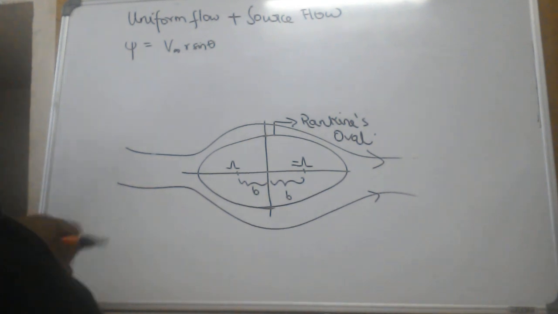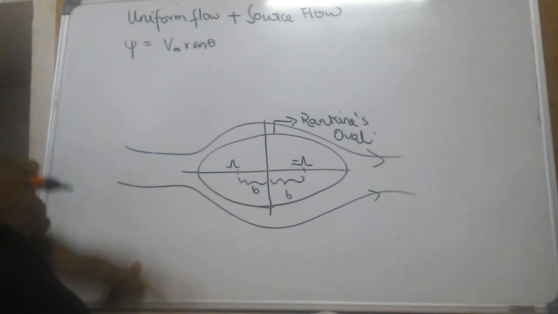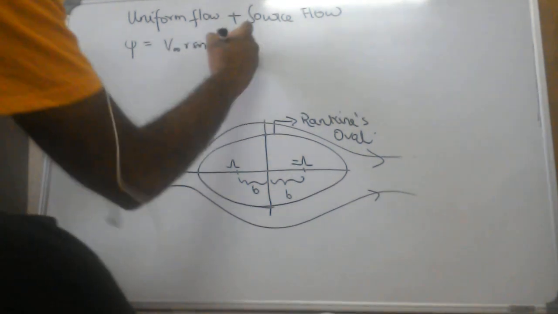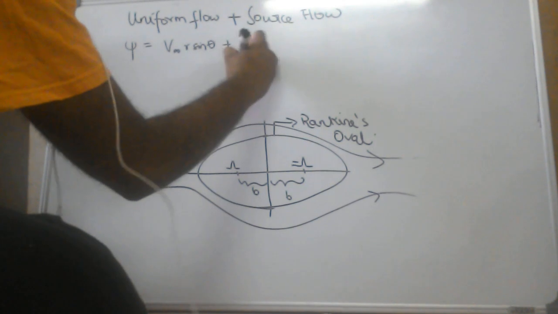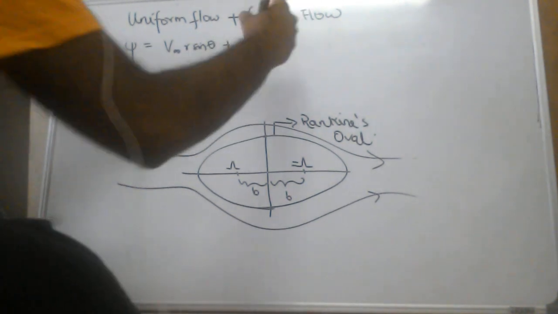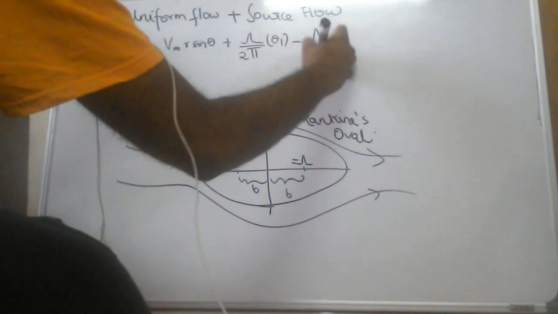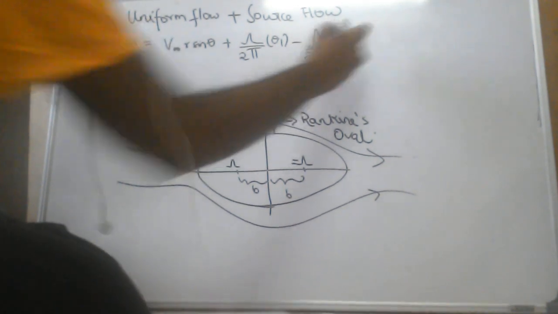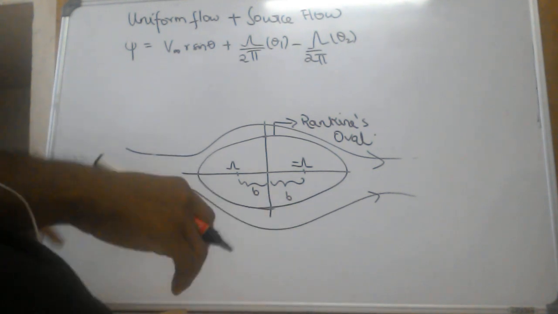I will be switching to the xy coordinate system shortly. That's the uniform flow, plus the source flow is given by lambda by 2 pi, theta 1 minus theta 2. This is of the sink and this is of the source. Now what are these theta 1 and theta 2?